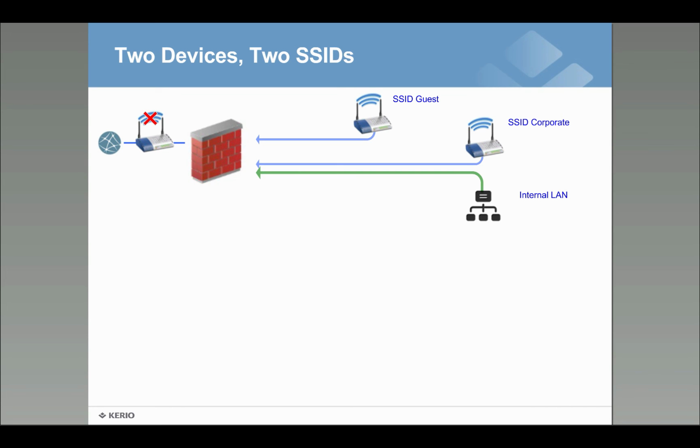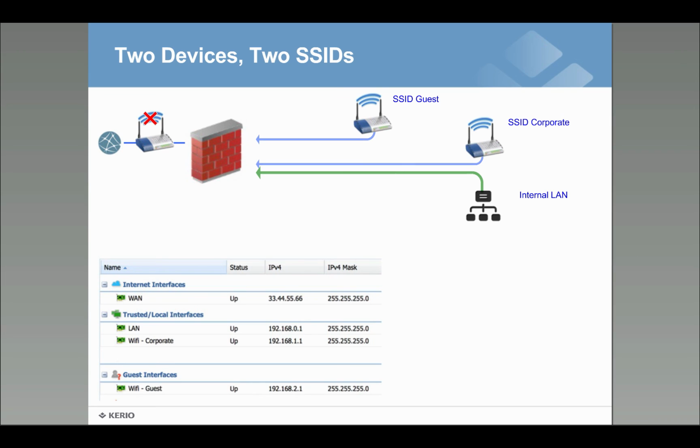Okay, and this is the safest and the most secure one, because as you can see from the screenshot from a typical firewall, in this case Kerio Control, you have the internet on the top, then you have your local LAN, which is joining effectively the SSID corporate and internet LAN together, and they don't get routed to the SSID guest.